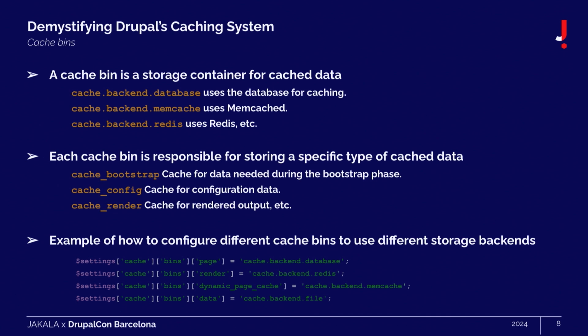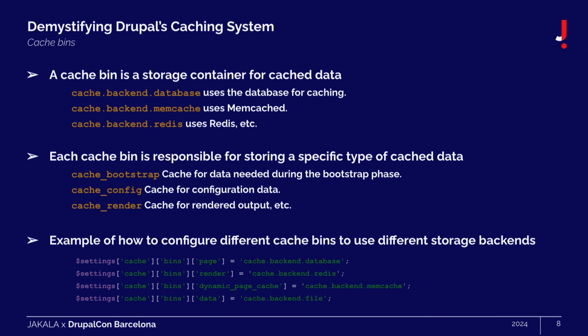Within that storage, we keep cache bins. Each bin is used to store one specific kind of data. In our case, I will look only at database cache storage. We will not talk about Redis or memcache.